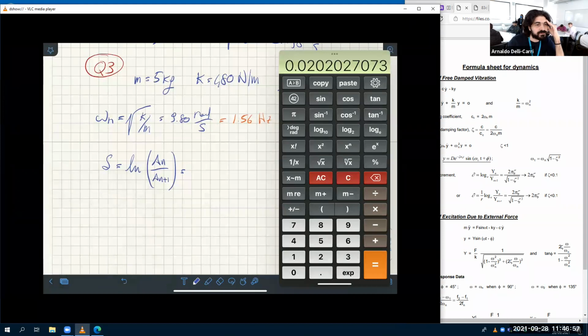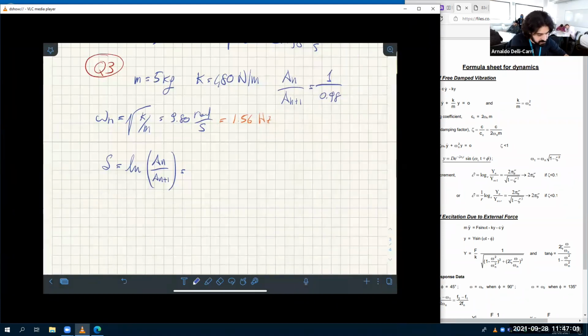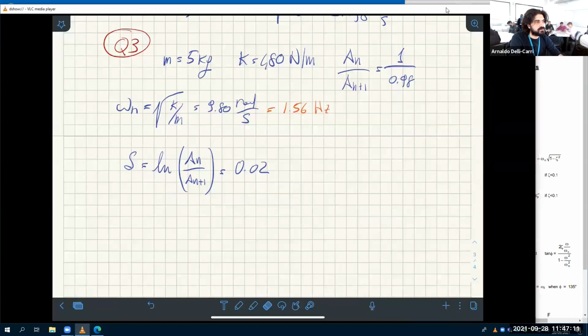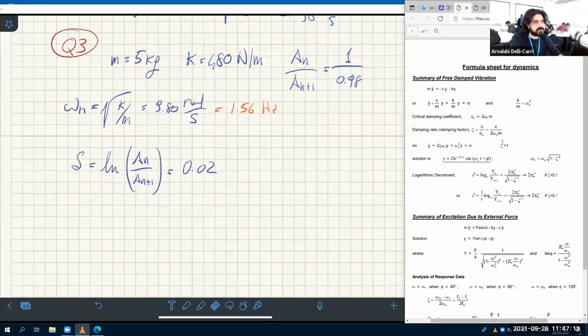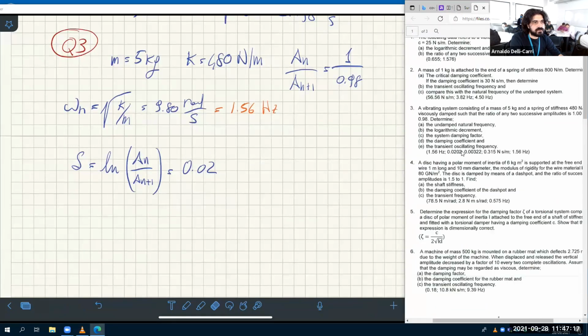I'm using a calculator. 0.02. And is this correct? Yeah, 0.0202. That's delta, the logarithmic decrement. So what is the damping ratio?